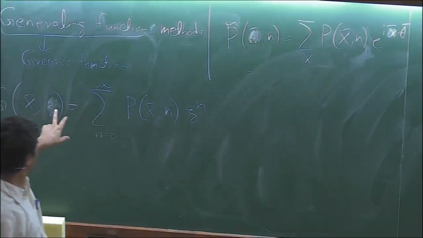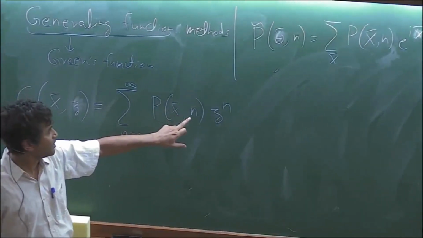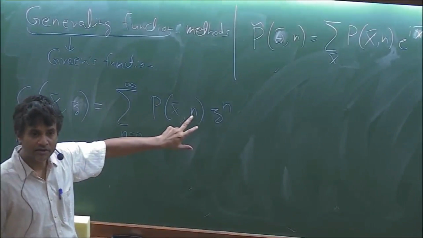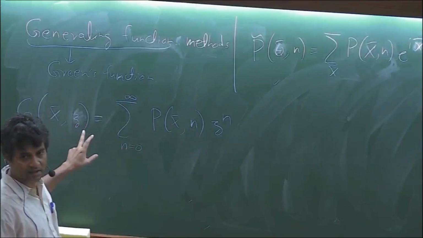Now we are doing a transform which is more like a Laplace transform. n was the time variable, and now we are changing from n to z.